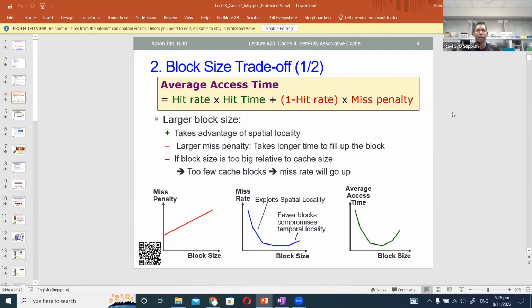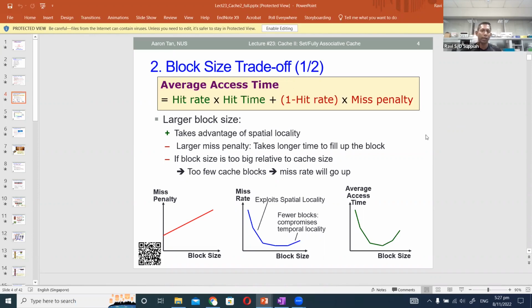You have a certain amount of cache, and if my block size is very big, then the number of blocks I can hold is smaller. If the number of blocks I can hold is smaller, then the chance of me missing is higher. So there is a trade-off here between spatial locality and temporal locality.